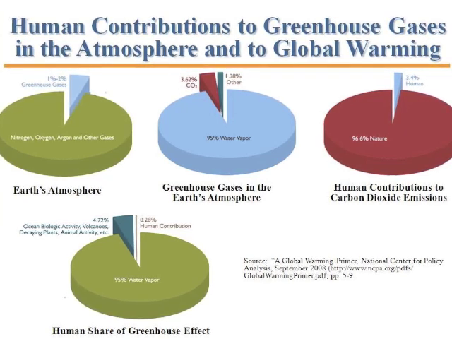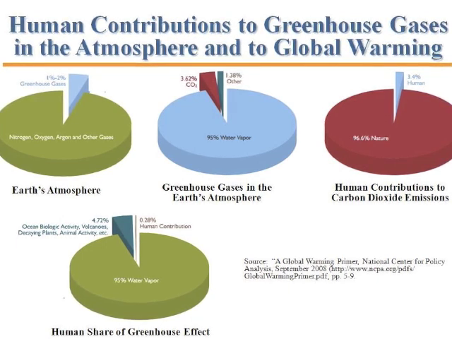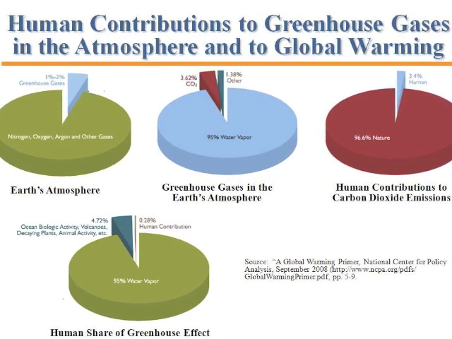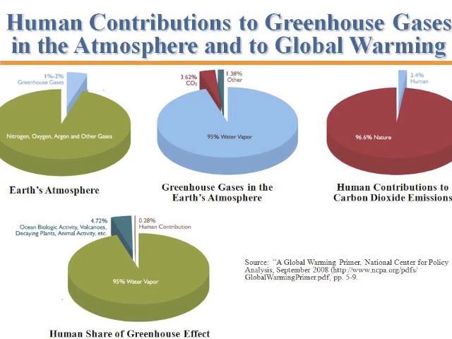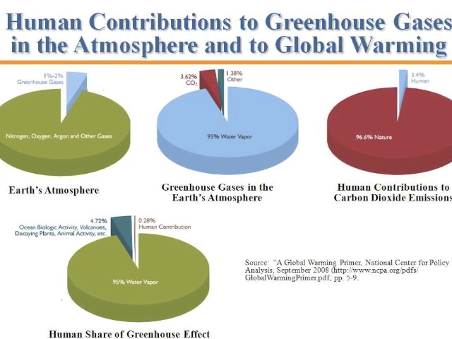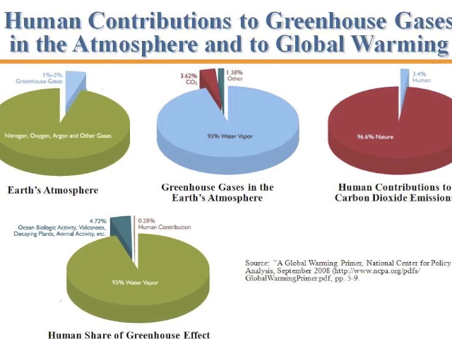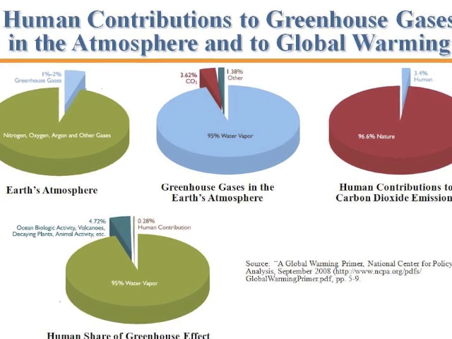Then you take that red slice and put it into the big circle next to it. 96.6% of that is nature. 3.4% is human. So 3% of 3% of 1% is the human involvement in the climate change, carbon dioxide debate.